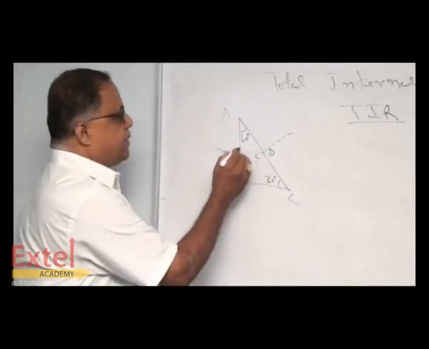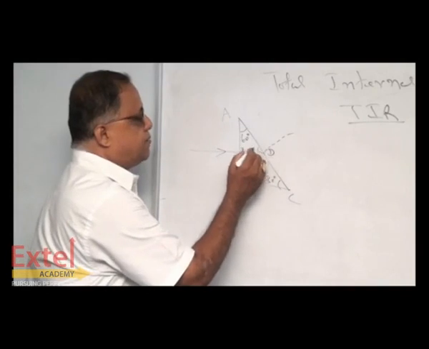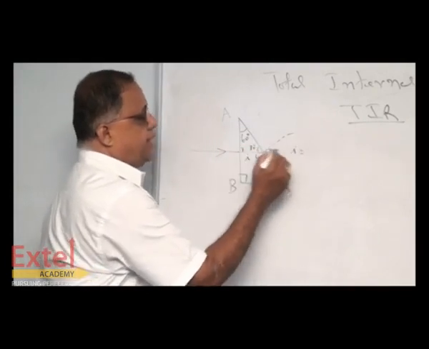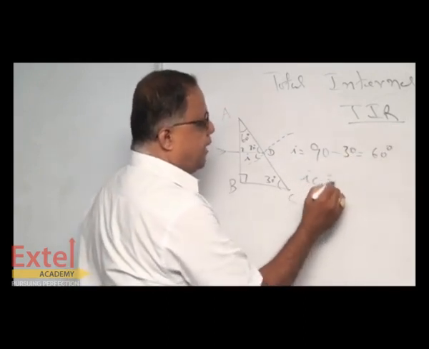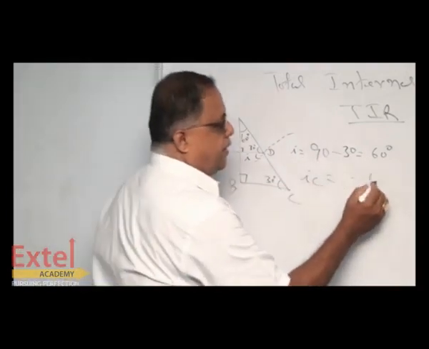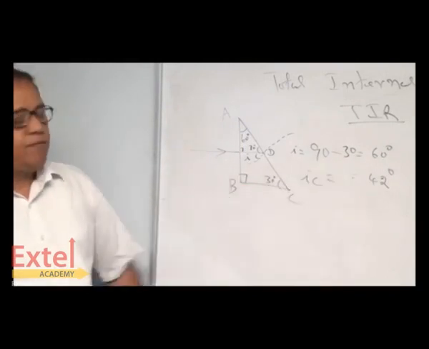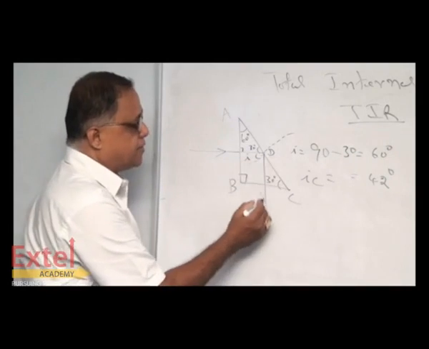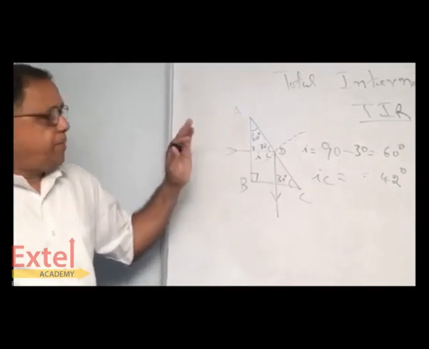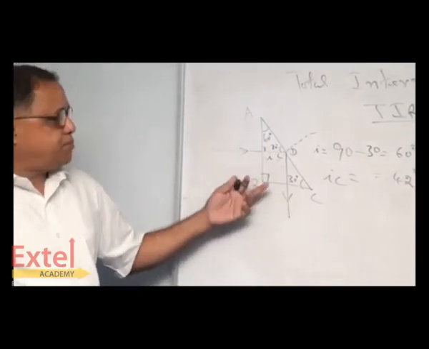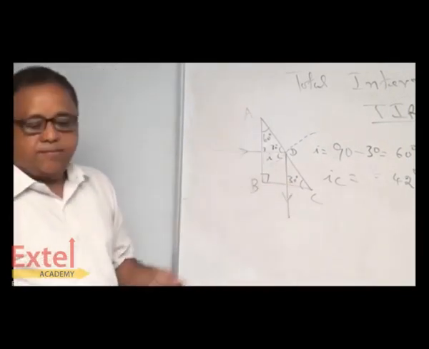It is simple mathematics. This is 90 degree, 90 plus 60 is 150, 180 minus 150 is 30 degree, so I is equal to 90 minus 30, which is 60 degree. The critical angle for glass is only 42 degree. Here also the second condition is satisfied, the angle of incidence is greater than the critical angle, so definitely the ray will go for total internal reflection like this. So this is another example. Previously it was 45 degree, 45 degree, but in this problem 30 degree and 60 degree, and we are going to see one more problem by changing the values of the angle.